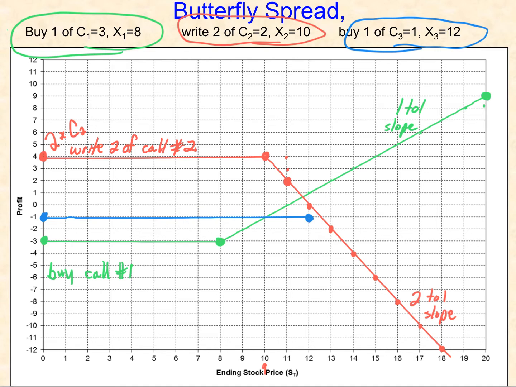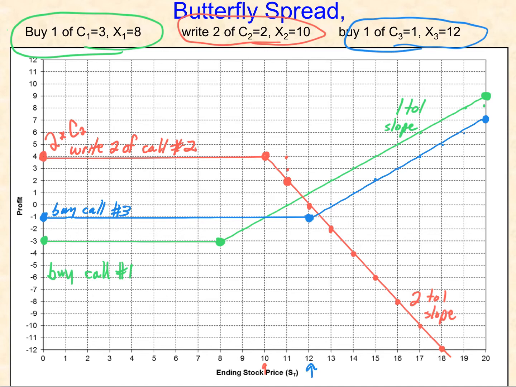However, if the stock price rises above the exercise price of 12, the option goes in the money, and for each $1 that the stock price increases above 12, we make another $1 of profit on that option. So we'll label this one call number 3.